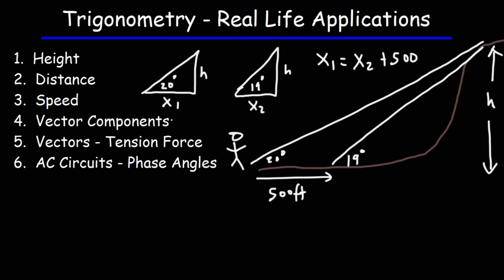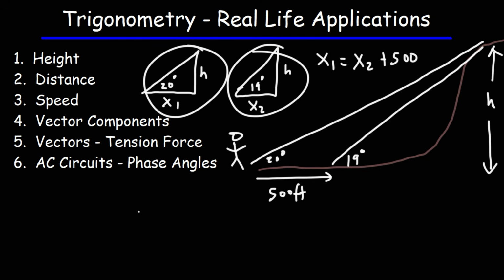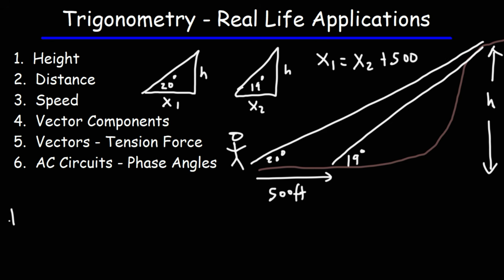Now let's write two equations for these two triangles. For the first one, we could say that tangent 20, think of SOHCAHTOA, TOA: tangent is opposite over adjacent. So tan 20 is going to be equal to h over X1.